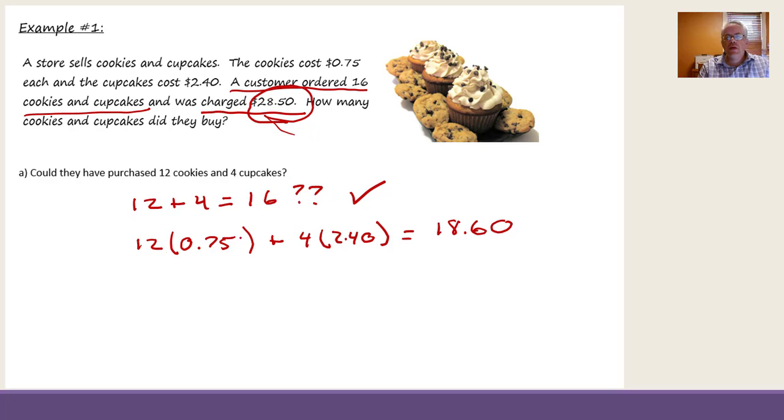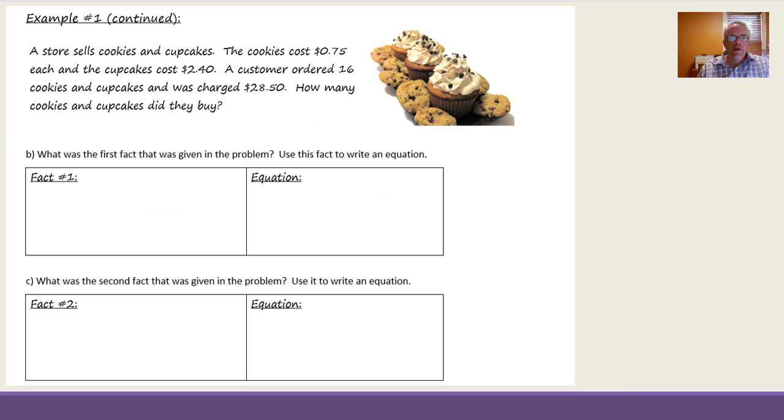But this is what I mean by understanding the math of the problem. If you can do this, you can actually write the equations for the problem. All right, so we're going to develop that a little bit. The first fact was that there were 16 cookies and cupcakes, a total of 16.